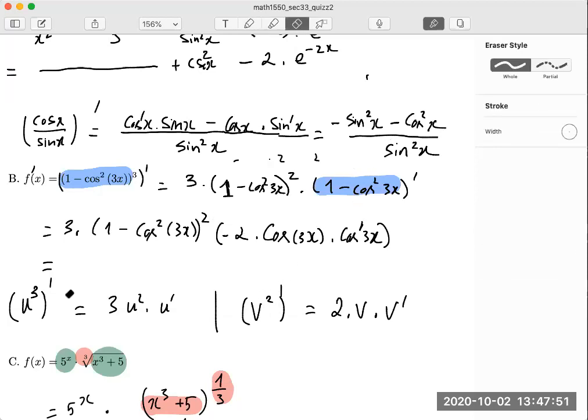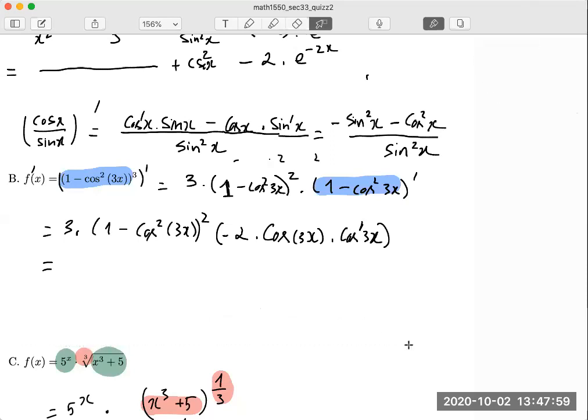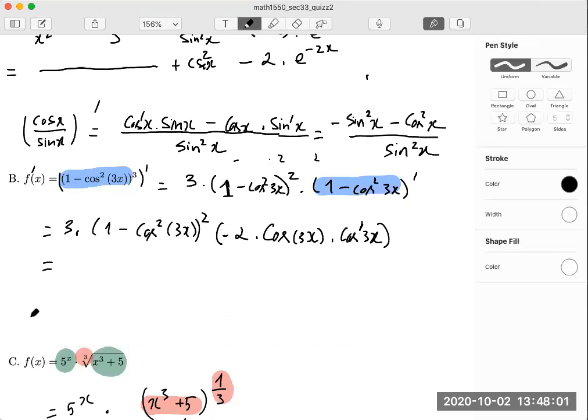Now just look at this. I think it's better to write it down here. Look at this. We need to compute the derivative of cosine squared 3x, right?